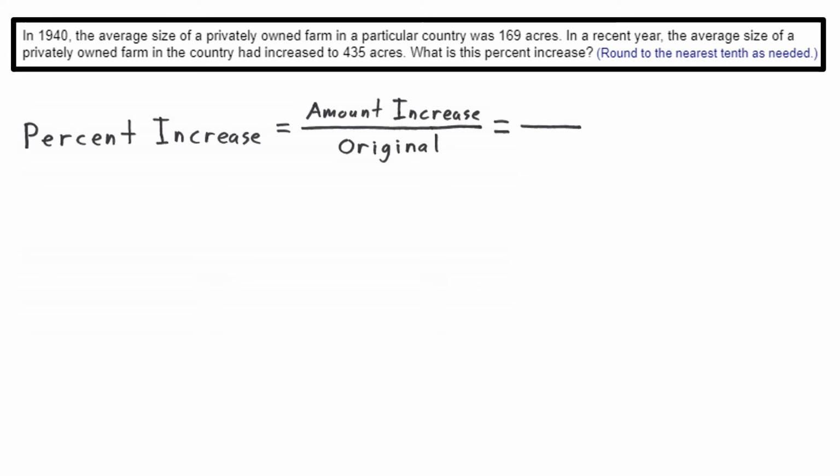Let's start by thinking about the original. Since we're comparing what a farm size is now to what it was back in 1940, 1940's value will be the original. And this says that in 1940, the farm size was 169. So that goes on the bottom. Now we need to figure out what goes up top.